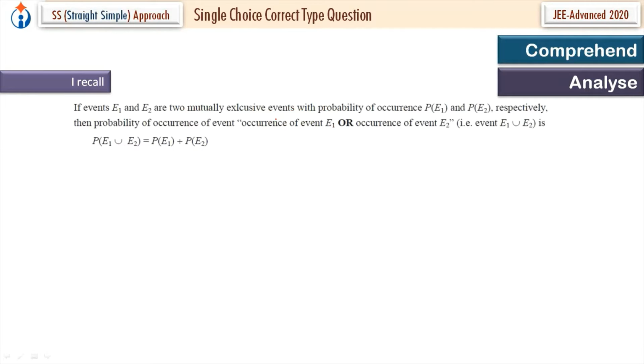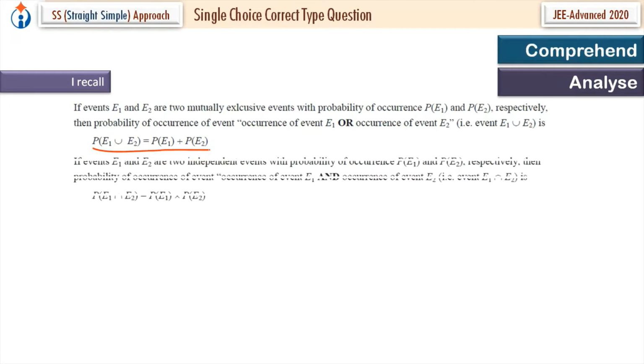Let's analyze. So I recall basic results of probability. If events E1 and E2 are two mutually exclusive events, with probabilities of occurrence P(E1) and P(E2) respectively, then the probability of occurrence of event E1 or event E2, that is E1 union E2, is P(E1) plus P(E2). This is an NCERT result.